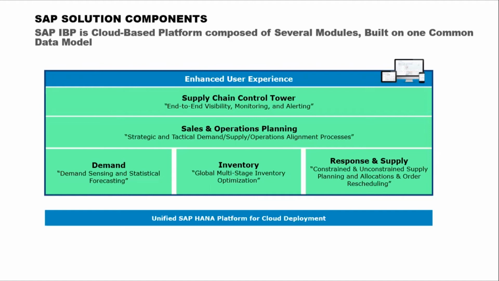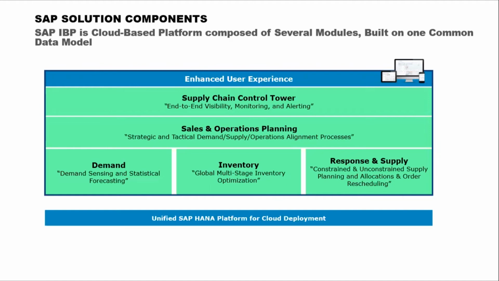But when it comes to IBP, we eliminate that. No need to depend upon other tools. We have that flexibility within the system. No need to move the data to another system to visualize the data. We can do it within our IBP system only. That we can do with the help of the supply chain control tower.